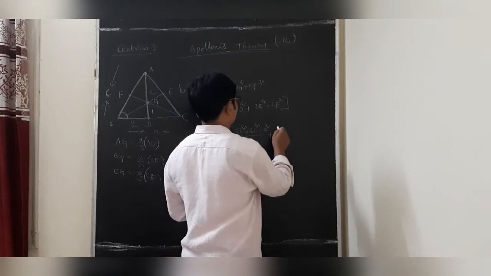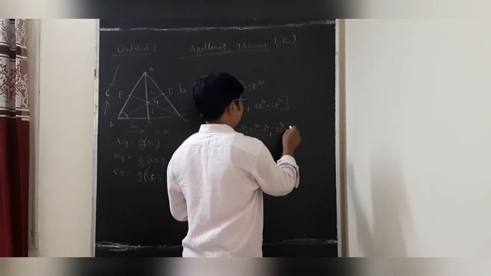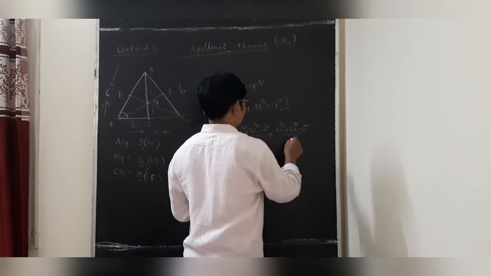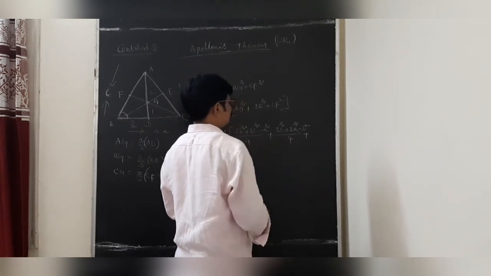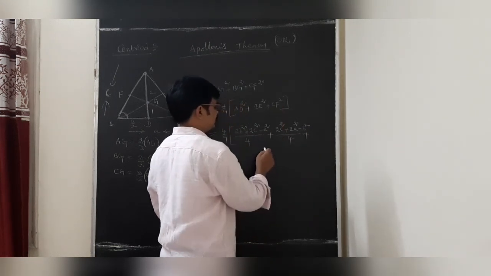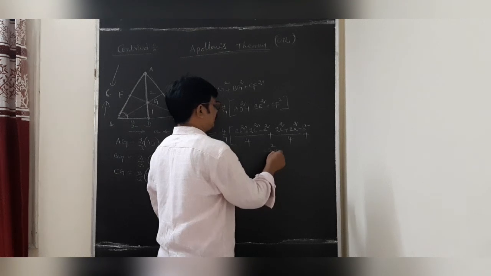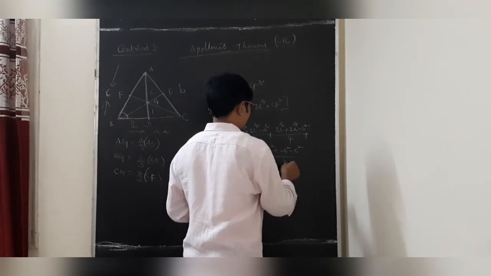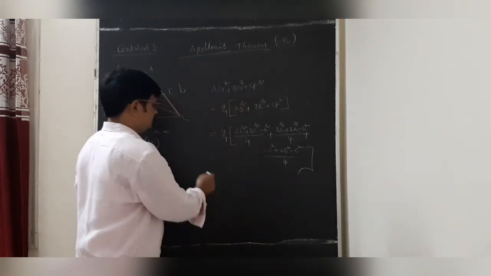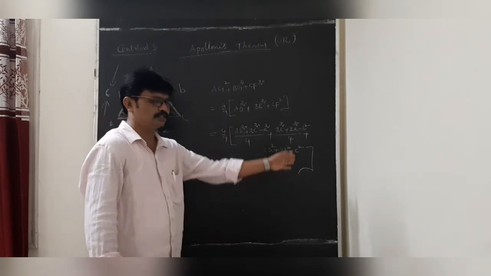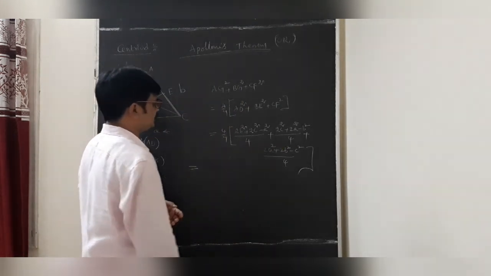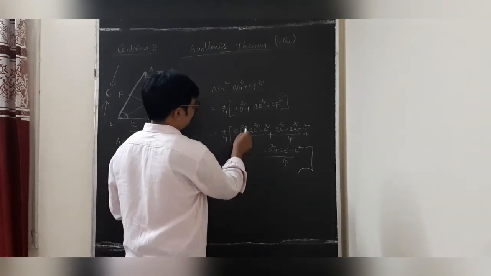Squaring on both sides, AD square is 2b square plus 2c square minus a square by 4. BE square is 2c square plus 2a square minus b square by 4. Dear students, CF square is 2a square plus 2b square minus c square upon 4. The LCM is 4, so 4 cancels.